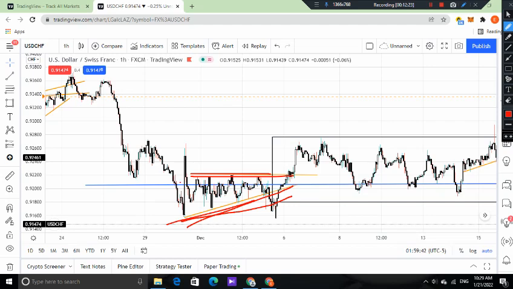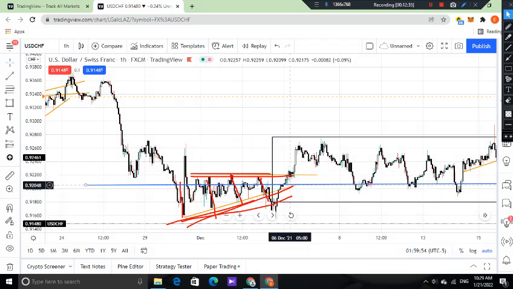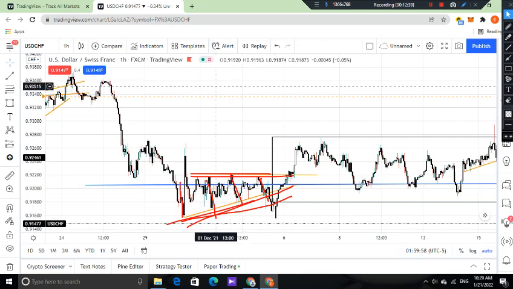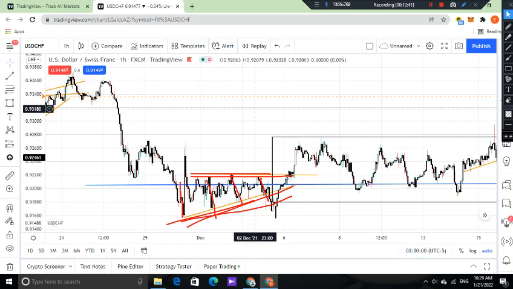For example, here we have first, second, third, fourth pushes, so we can draw a triangle. And as I mentioned before, when you see an ascending triangle, there's more chance for a bull breakout.